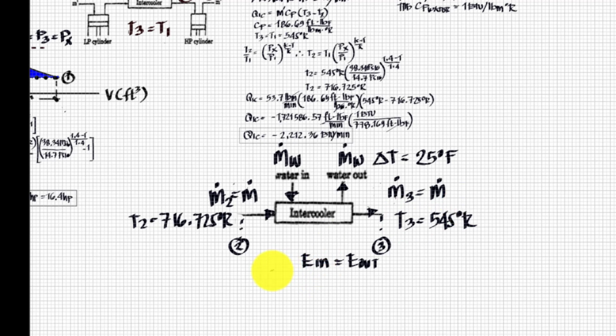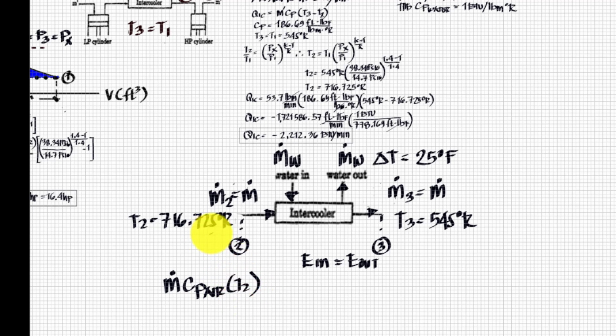So we have entering the mass flow rate of air, multiplied by the specific heat of air, then multiplied by the temperature T2.